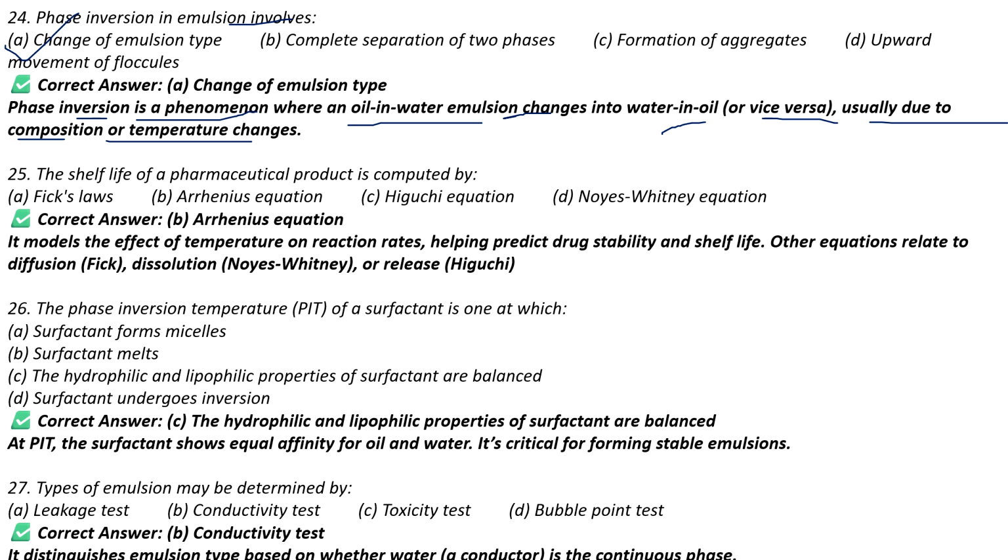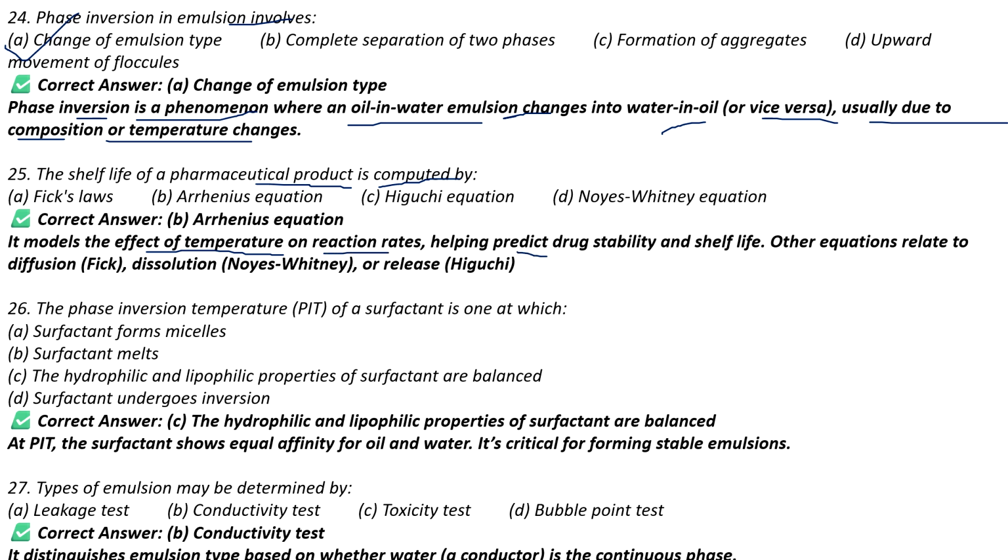The shelf life of a pharmaceutical product is computed by, out of the given four equations or laws, which tells you about the shelf life of a pharmaceutical product. Options are Fick's law, Arrhenius equation, Higuchi's equation, Noyes-Whitney equation. So the Arrhenius equation or Arrhenius model tells you about the effect of temperature on reaction rates.